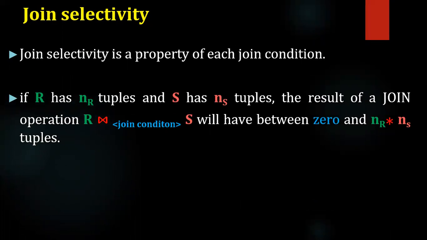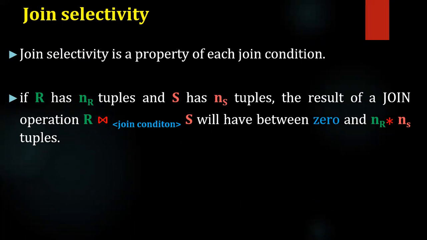Then comes the concept of join selectivity. The join selectivity is a property of each join condition. Whenever you apply a join condition, it has a property referred to as join selectivity.